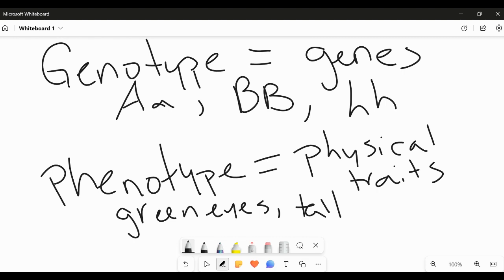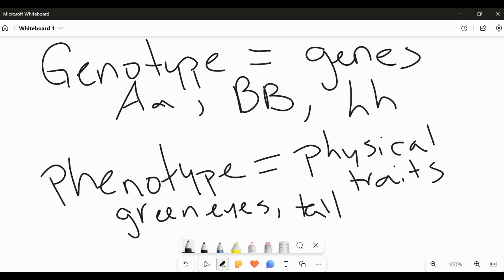Any way you would physically describe how that gene is expressed. This is your blood type. So we're really describing it with phenotype. And this is going to become important because when we get into Punnett squares, we're going to make the connection between the two.